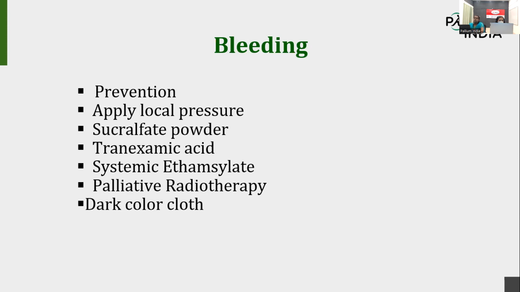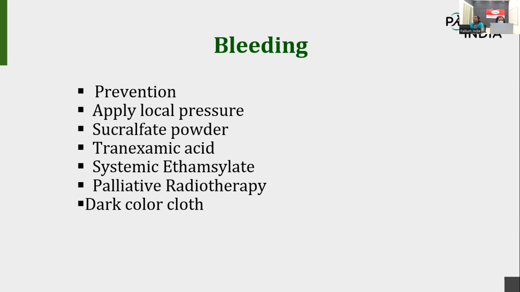If the bleeding is not controlled, you can apply sucralfate powder, the same drug we use for peptic ulcer, that will help to control the bleeding. Tranexamic acid also you can use, and if that does not help, you can go for systemic ethamsylate. Palliative radiotherapy also you can suggest, that will help to shrink the size of the tumor. That way we are able to prevent bleeding.